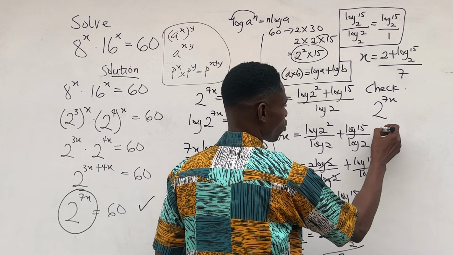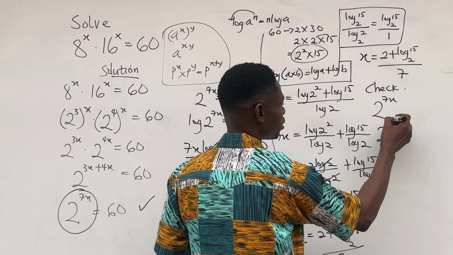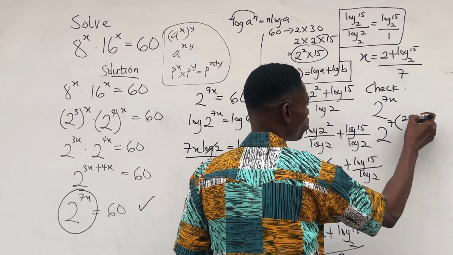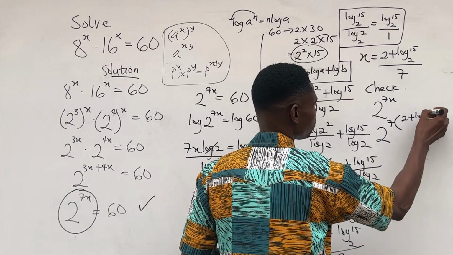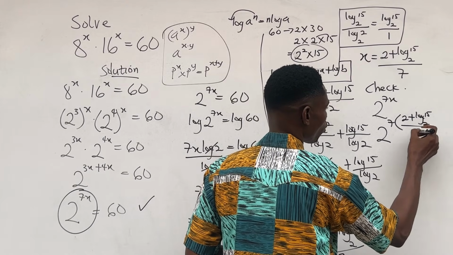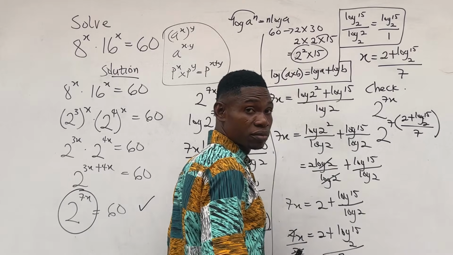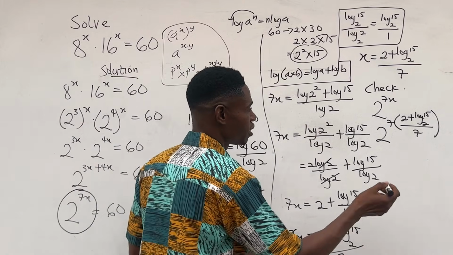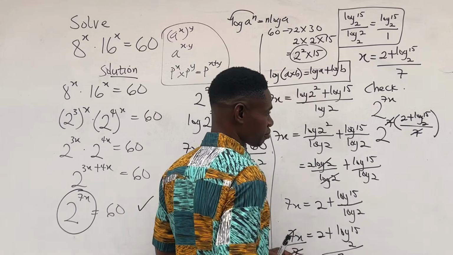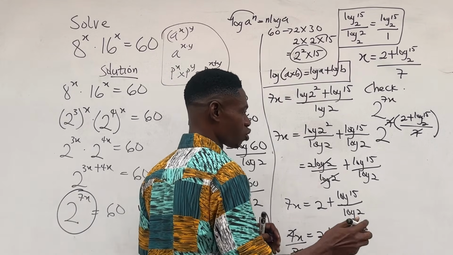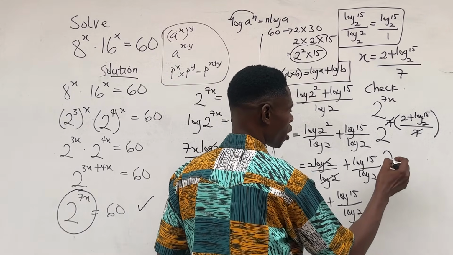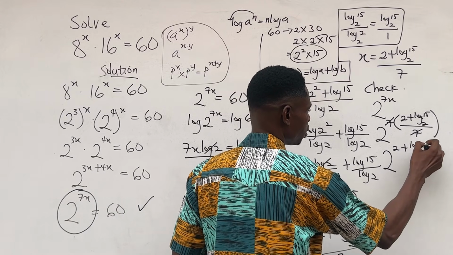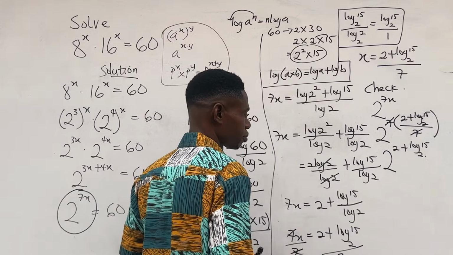So what we will now have is 2 raised to the power 7 multiplied by x itself, which is now 2 plus log 15 base 2 all over 7. Now, this 7 can cancel this 7, so that what we have left is 2 raised to the power 2 plus log 15 base 2.